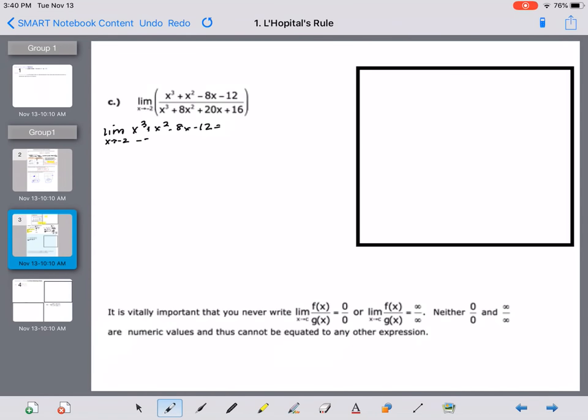So that would give me negative 8 plus 4 plus 16 minus 12. Did I do that right? Negative 8 plus 4 gives me negative 4, plus 16 gives me 12, minus 12 gives me 0. Okay, so I did verify that.